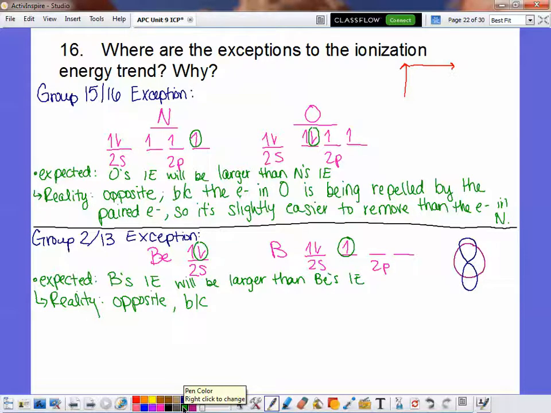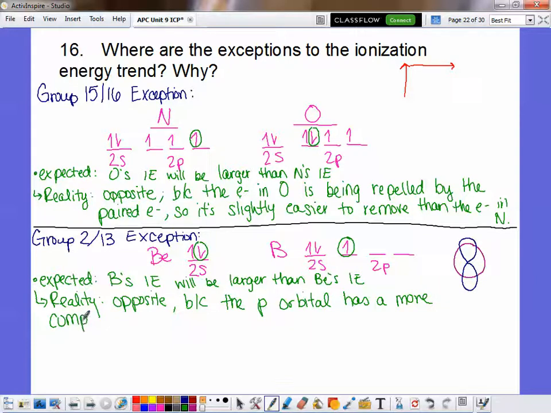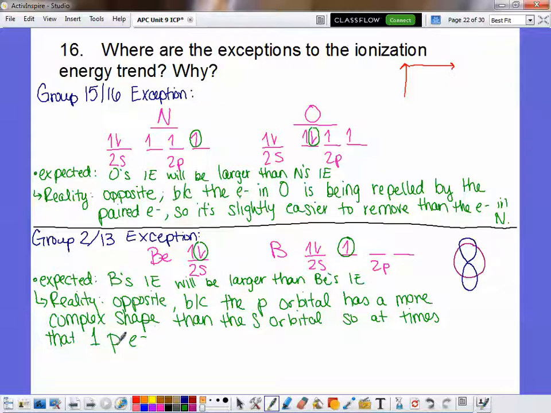Let me write that down. Because the p orbital has a more complex shape than the s orbital, at times that 1p electron, not saying 1p as an energy level and sublevel, but that one electron in the p orbital, is farther from the nucleus, so slightly easier to remove.